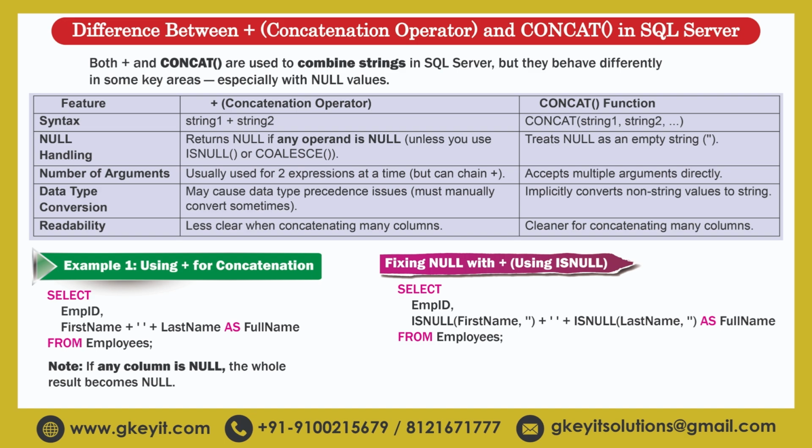Note, if any column is null, the whole result becomes null. Fixing nulls with the concatenation operator using isNull: select employee ID, isNull first name plus isNull last name as full name from employees. We have to use the isNull function to handle nulls with the concatenation operator.